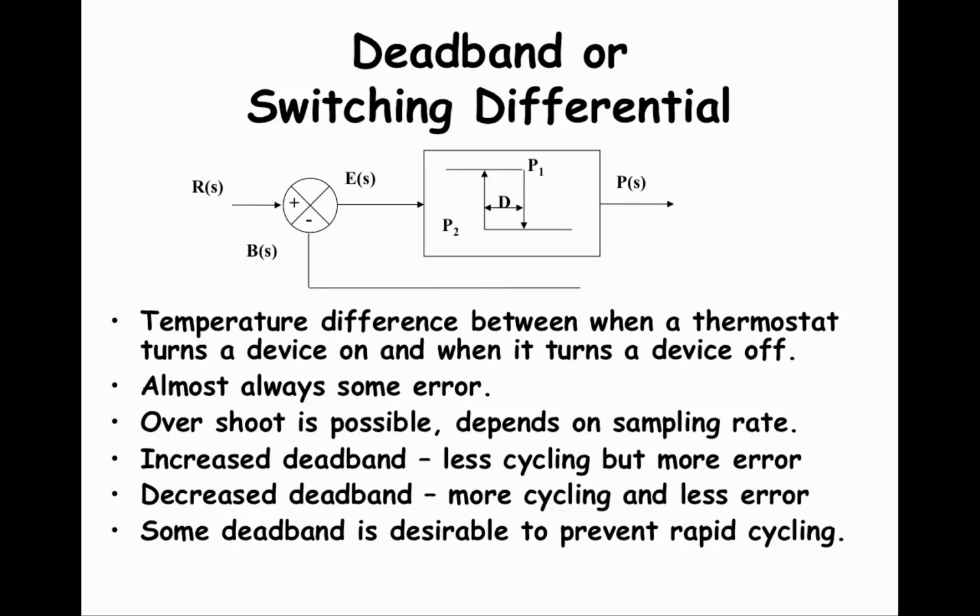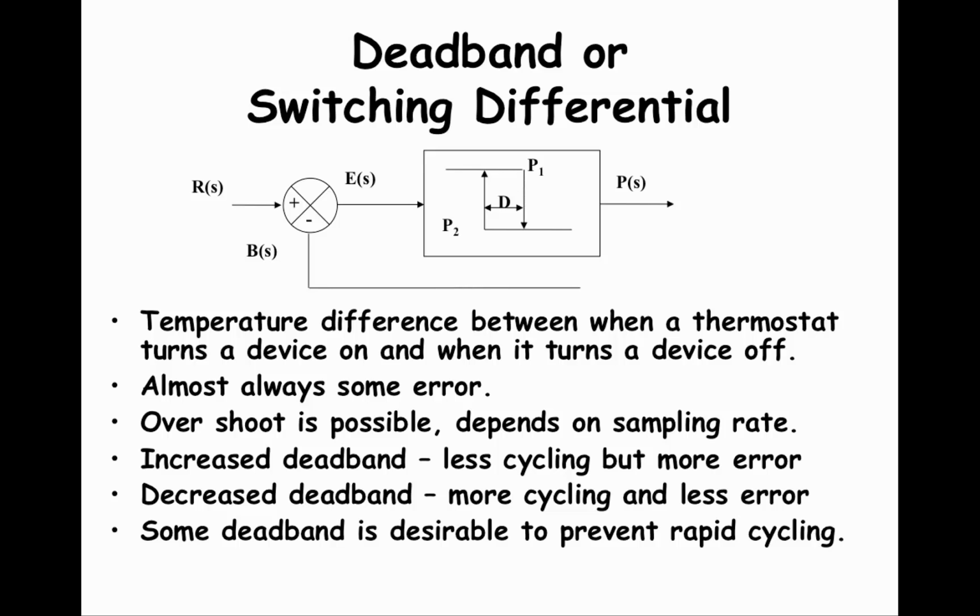So the deadband or switching differential is the temperature difference between when a thermostat turns a device on and when it turns a device off. Almost always we have some error, which is the difference between the set point and the measured temperature.